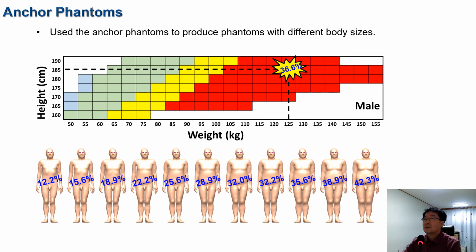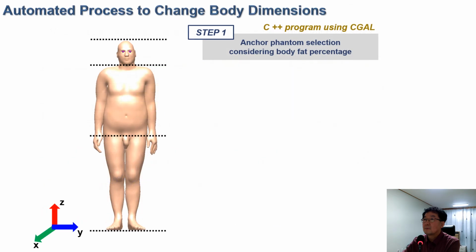In this case, this one, and then use the anchor phantom as an initial starting phantom to produce a phantom with a target height and weight. So let's assume this is the anchor phantom selected.